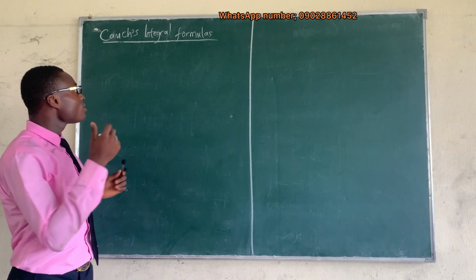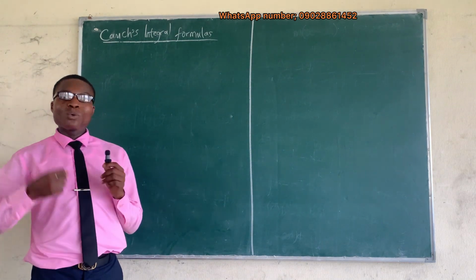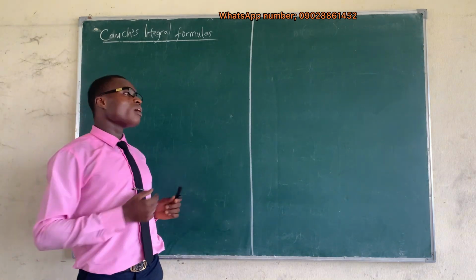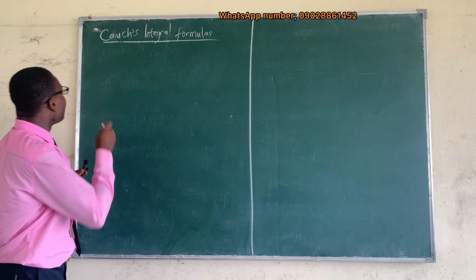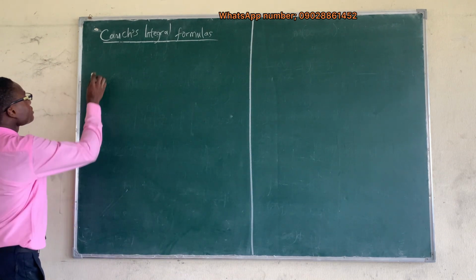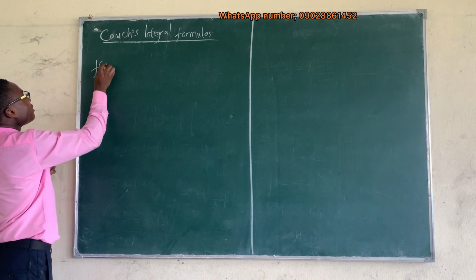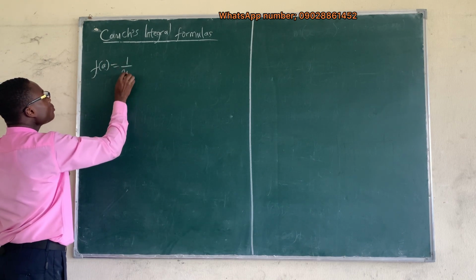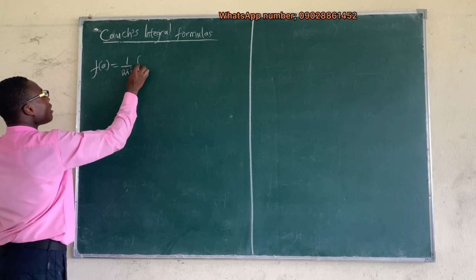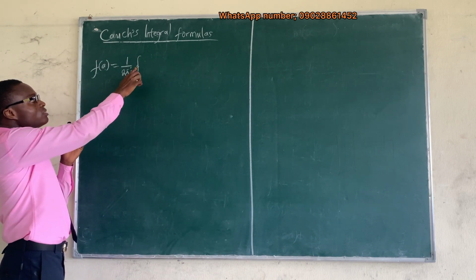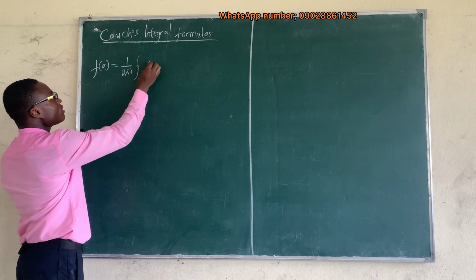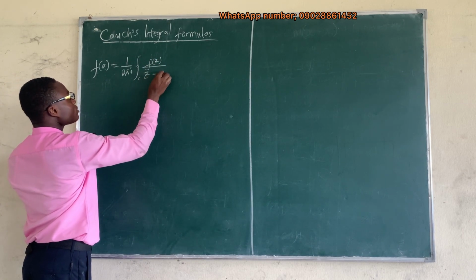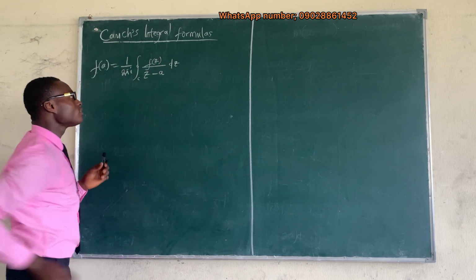In the Cauchy's integral formula, there are two formulas that will guide us in integrating any integral along a closed curve. The two formulas are given as f of a is equal to 1 over 2 pi i, the integral, because the curve is closed, of c, f of z over z minus a dz.